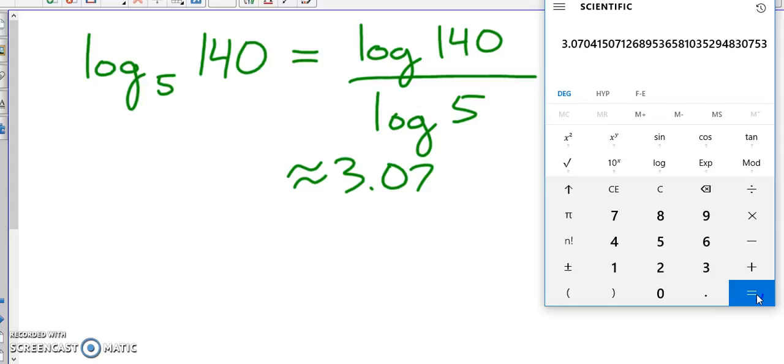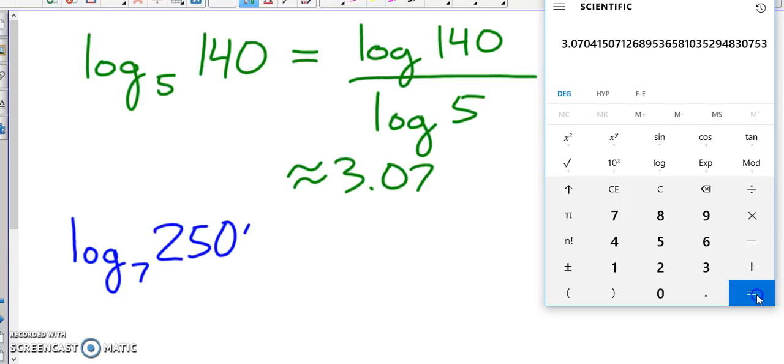Now, let's say I wanted to compute log base 7 of 2506. Just to prove a point, we can use ln here, it doesn't matter. So what would that look like?